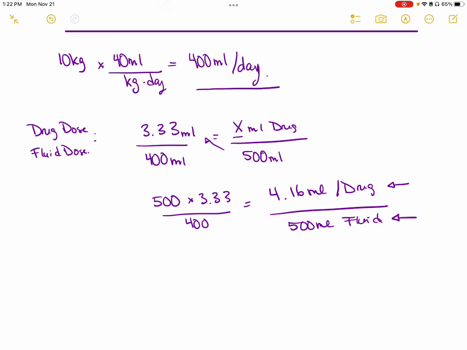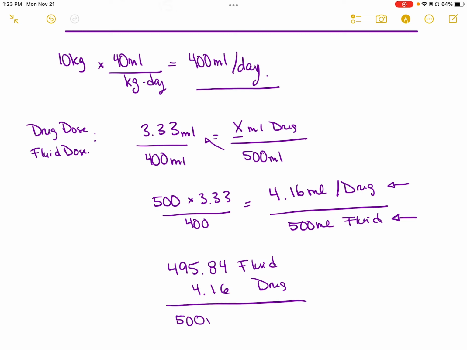So you're going to go 500 minus 4.16, which equals 495.84 mLs of fluid plus 4.16 mLs of drug, which leaves us with our end volume of 500 mLs. And there you have calculated a CRI.